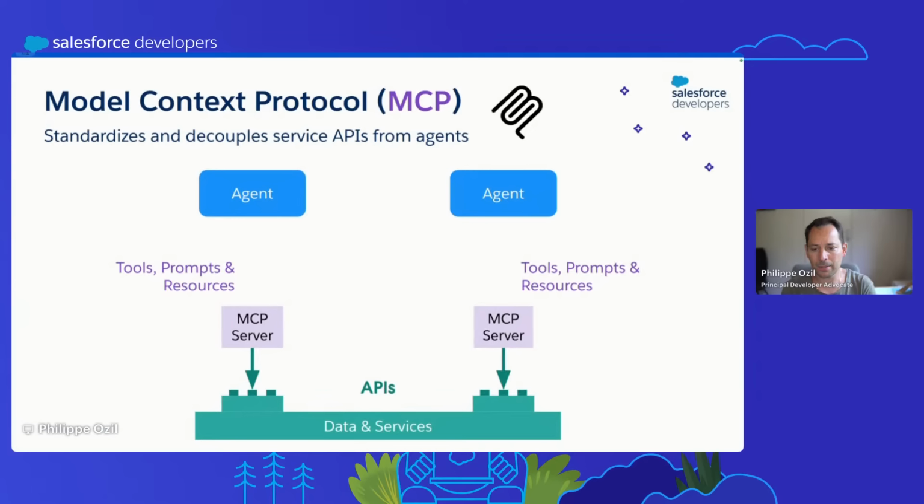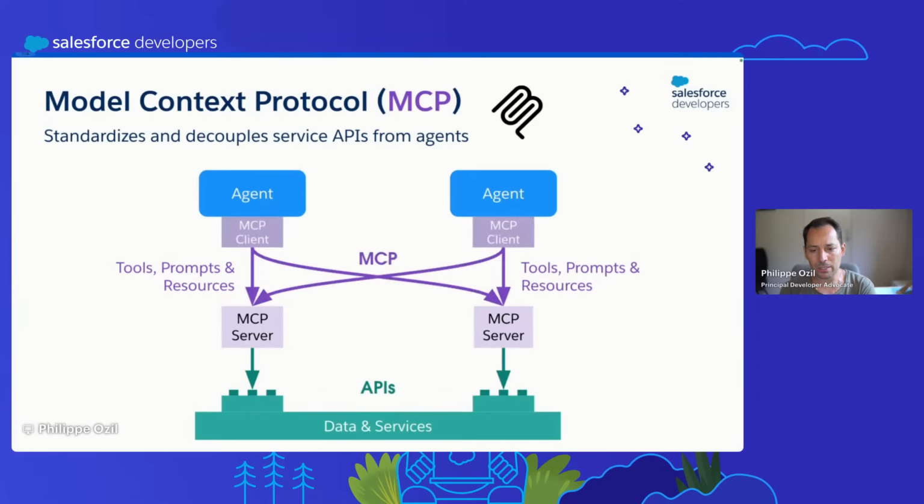The missing bit here is that each agent is built with an MCP client, which is absolutely standard, and uses the standard MCP protocol to interoperate between different MCP servers, different APIs, and different data and services. That's the missing link. This is how MCP plays in this infrastructure.